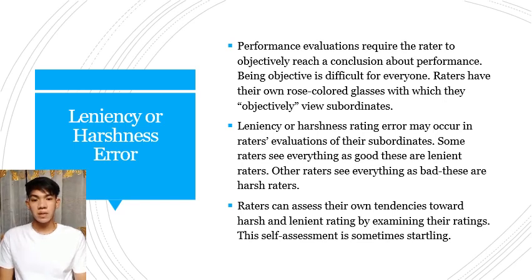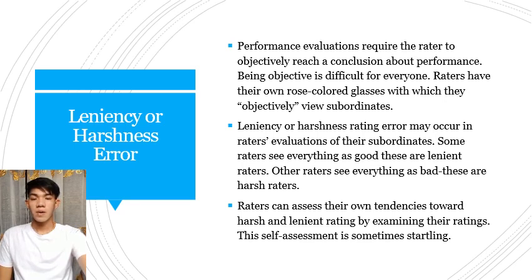Some raters see everything as good. These are lenient raters. Other raters see everything as bad, and these are harsh raters. Raters can assess their own tendencies toward harsh and lenient rating by examining their ratings. This self-assessment is sometimes startling.